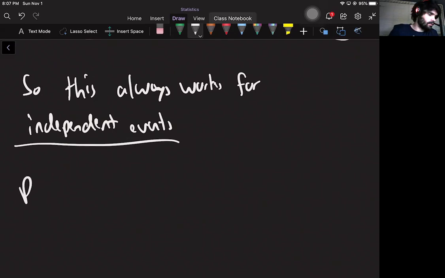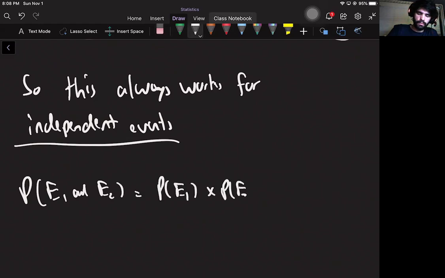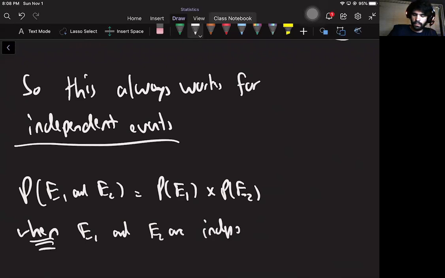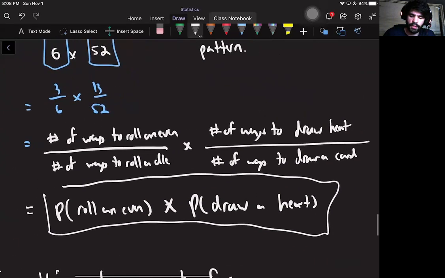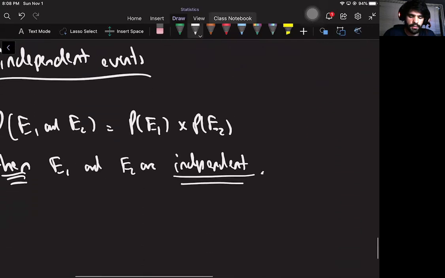The answer is that you can just do the probability of the first event and the second event happening by just multiplying the 2 probabilities. But this only works when they are independent. If they're not independent, then it won't work, because these numbers affect each other, so you can't just separate them like this.